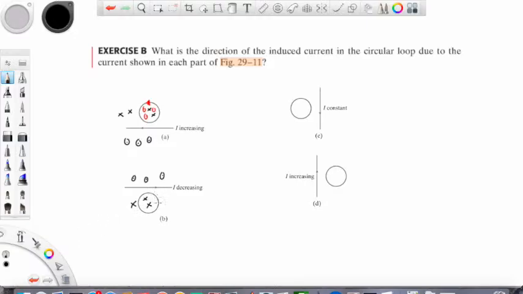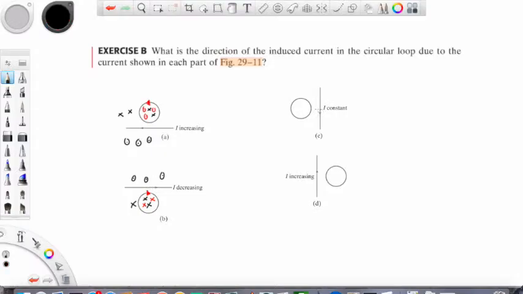And in this case, the loop wants to maintain that waning field. So in fact, it'll try to create a field of its own that is in the same direction as the diminishing field. So according to the right-hand rule, the direction of the current would be clockwise.